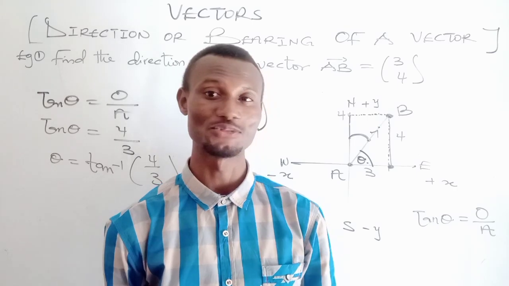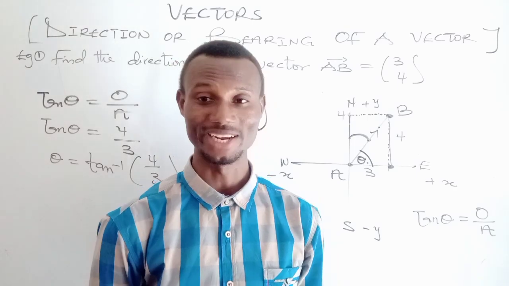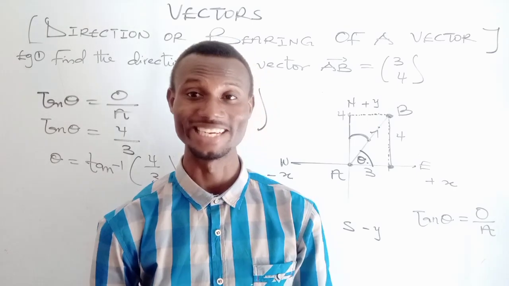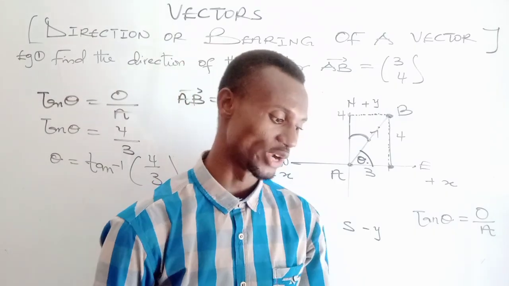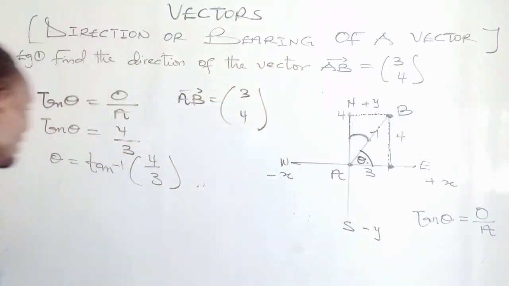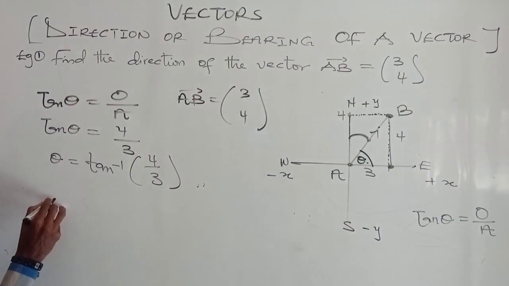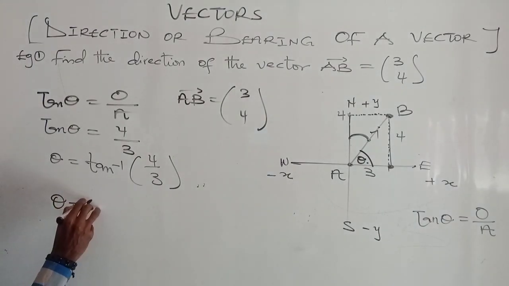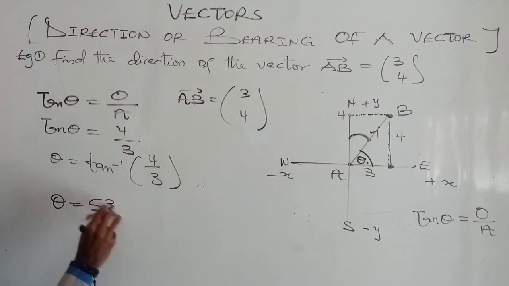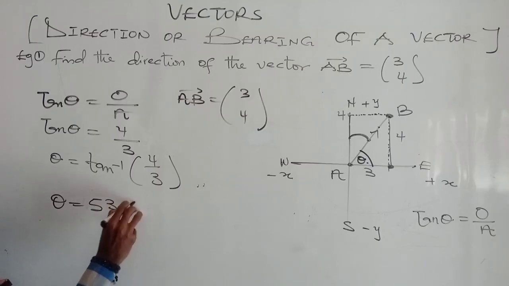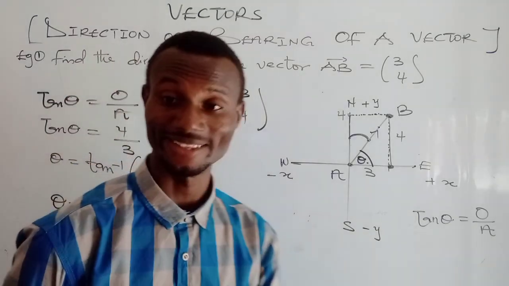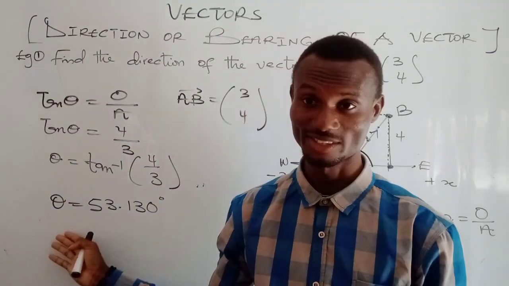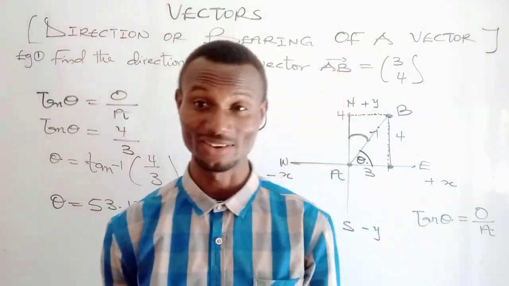Of course, you don't have to write everything down. Just write it and leave it at 3 decimal places. So I have that theta equals 53.130 degrees. That is me leaving it at 3 decimal places. So this is the value of the angle theta.